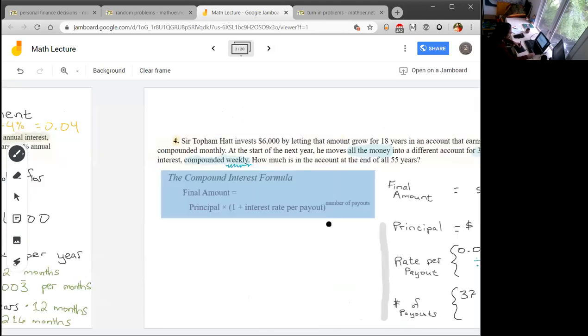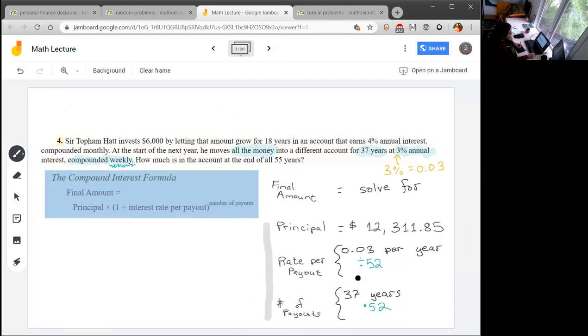There are very few things that in real life are compounded weekly, but it does exist, but they don't tend to get you mail. So this is just a little farther from our real life experience. We're not used to sharing interest among 52 things. We're not used to taking 37 years and counting how many weeks are in 37 years. But you can imagine it happens. The math is exactly the same. It's just a 52 instead of a 12 because a year has 52 weeks.